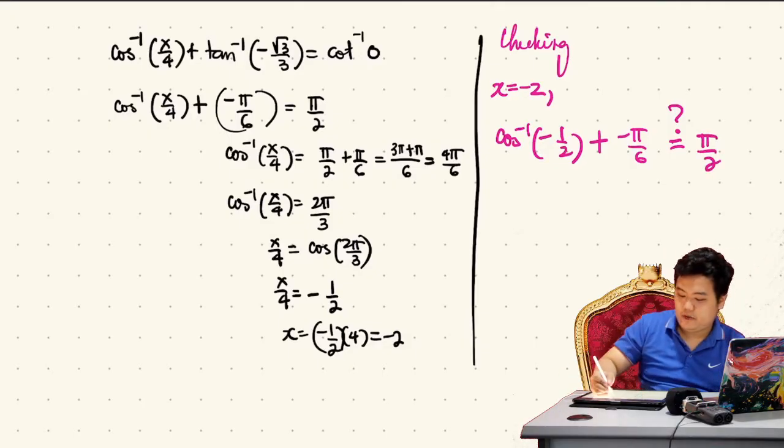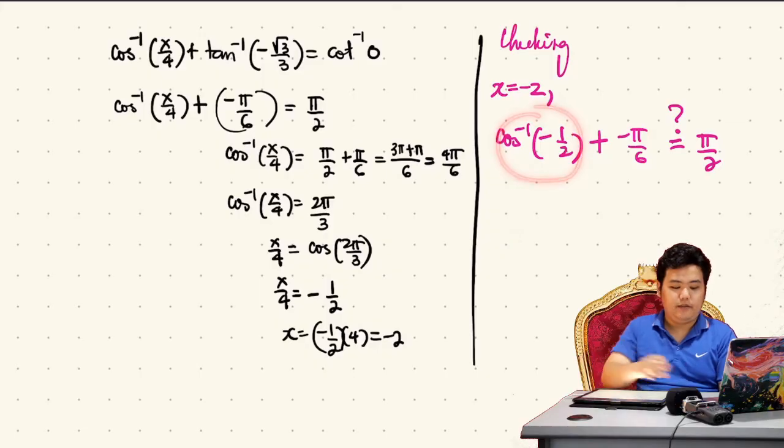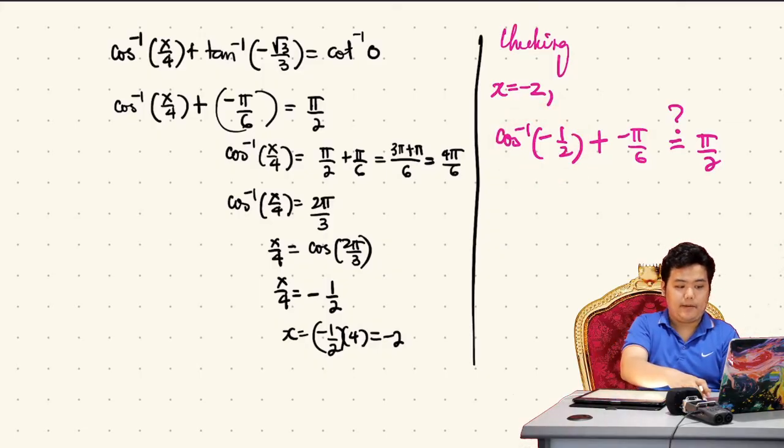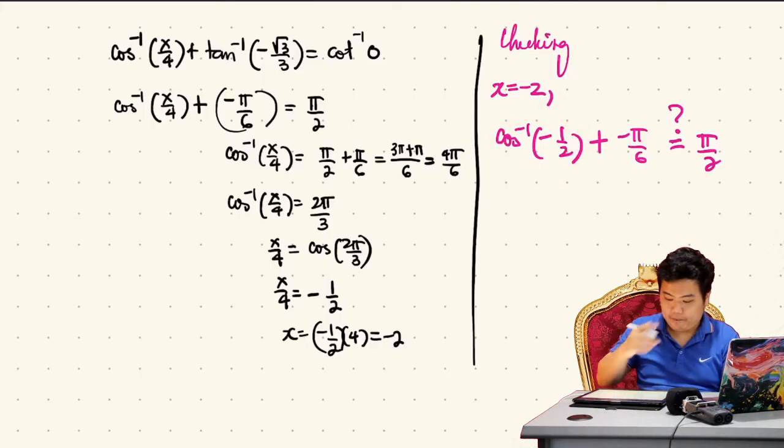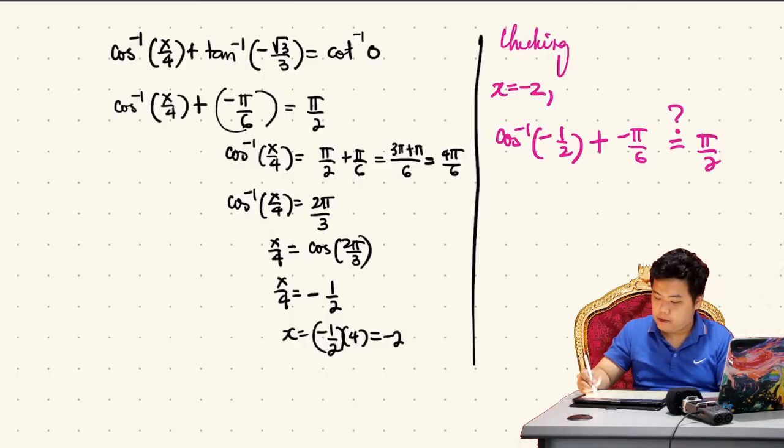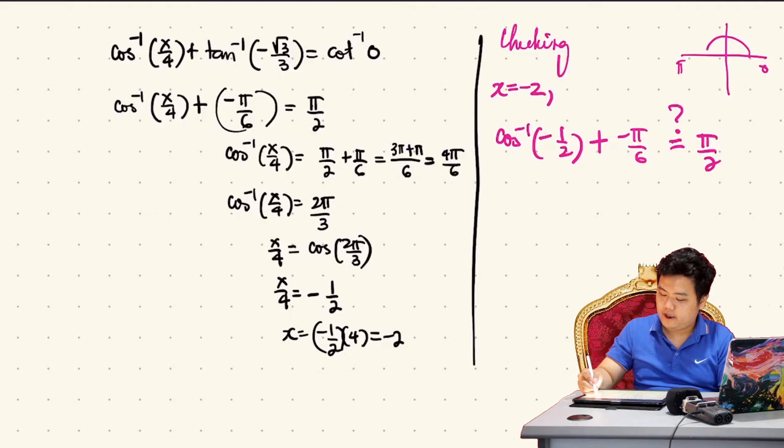Okay, so what is cosine inverse negative 1/2? So, anong angles from 0 to pi will give a cosine of negative 1/2? So, andito yun, no? So, that is 2 pi over 3.